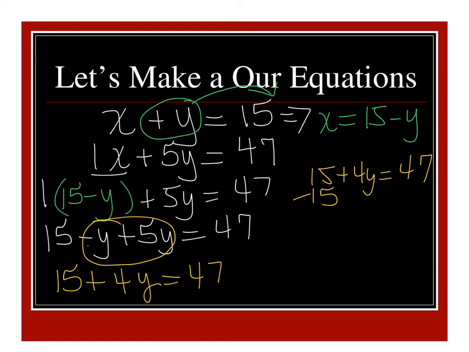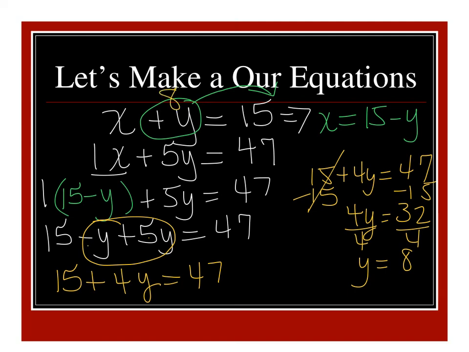I subtract 15 from each side, or move 15 to the opposite side, and when I do that, it has the opposite sign. And I get 32, and I divide by 4. So y equals 8, and y is my number of $5 bills. So if I have 8 $5 bills, that means I have to have 7 $1 bills.